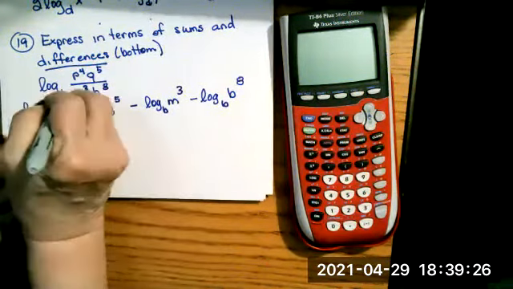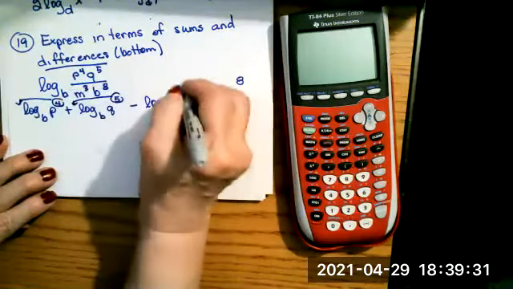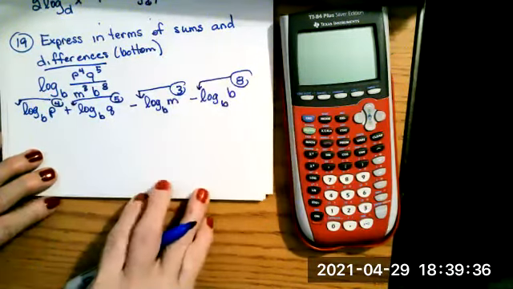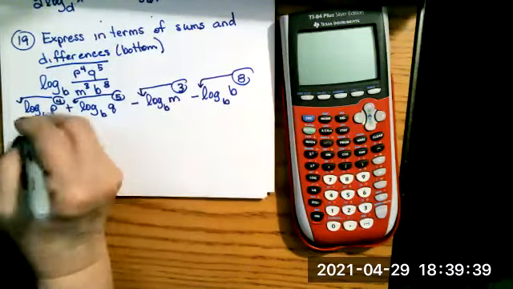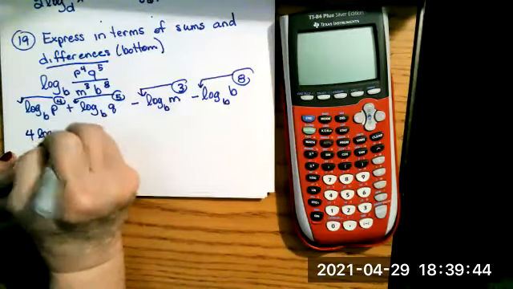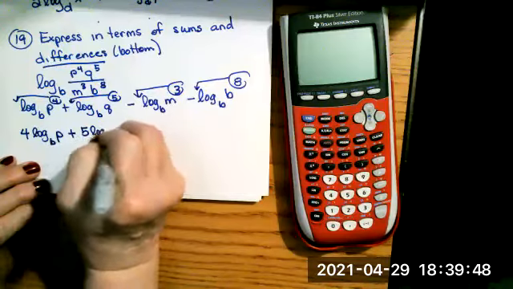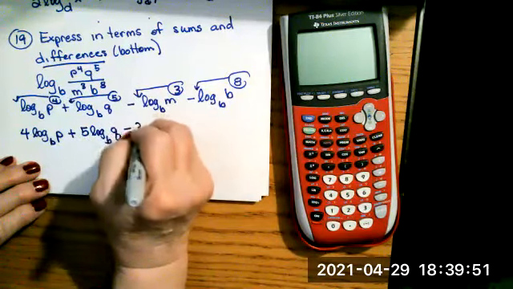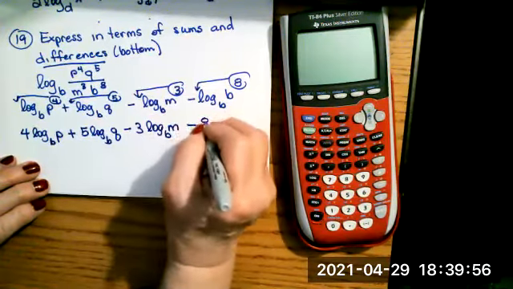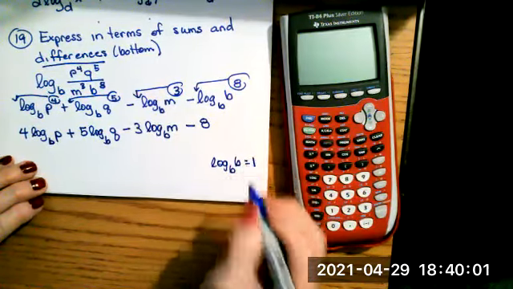Okay, now bring all of those exponents to the front. So we end up with 4 log base b of p plus 5 log base b of q minus 3 log base b of m minus 8, because log base b of b equals 1.